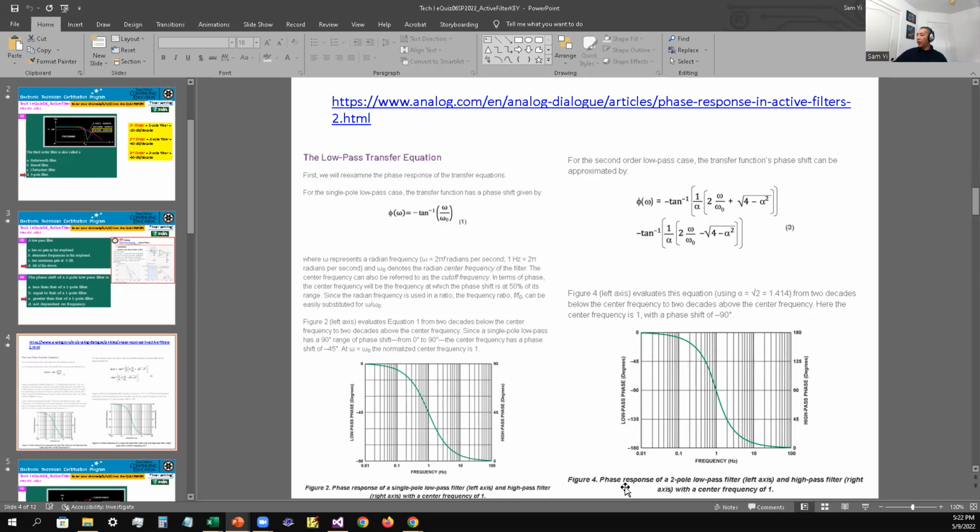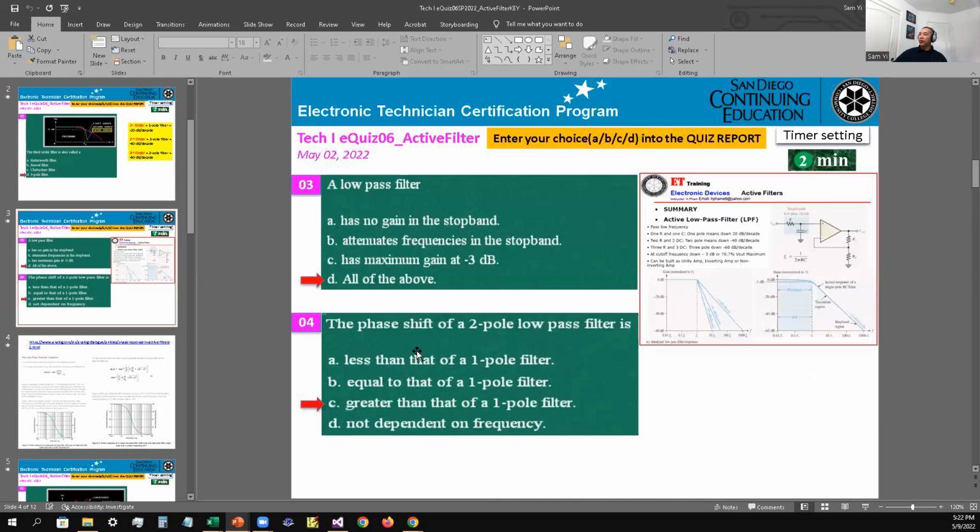And this one says the phase response of a two-pole low pass filter goes from 0 to 180 degrees. So the phase shift increases as more poles are added to the circuit. That was the answer for number 4: C, greater than that of a one-pole filter. Any question on number 3 or 4?